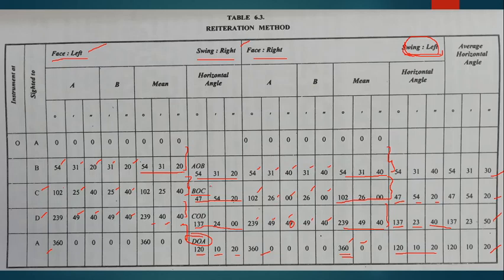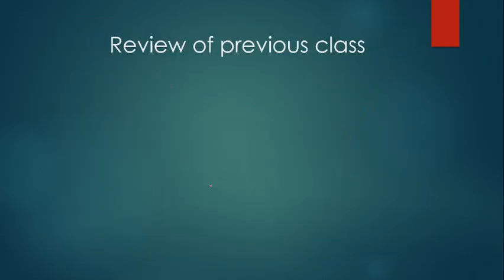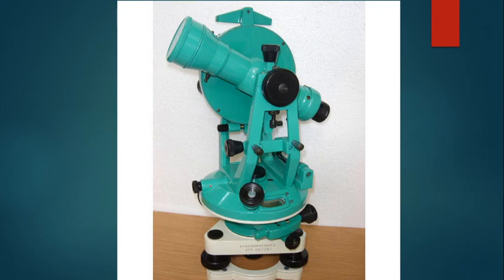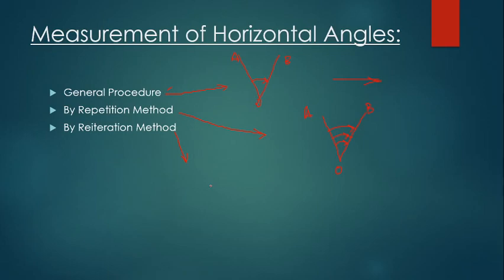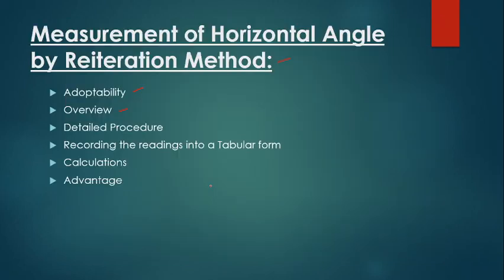Okay, so I think it is enough for today. We are just going to revise what we have learned today. So these are all the different horizontal angle measurement methods. Out of these, we have discussed the reiteration method in detail today, and we have also revised the general method and repetition method. At the start of the class, we also reminded how to read verniers A and B, and how to record the same onto the tabular form.